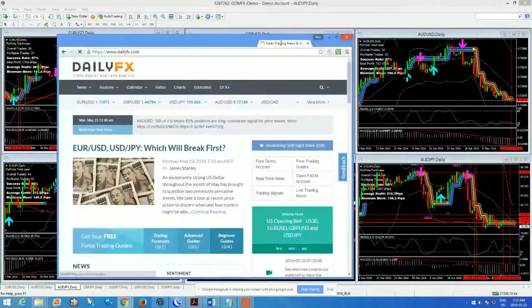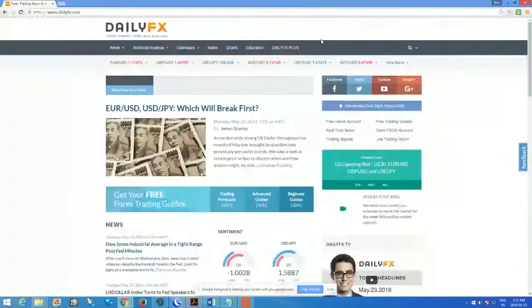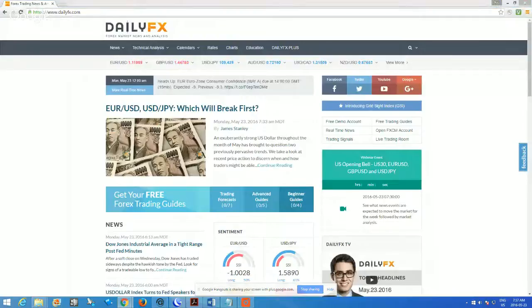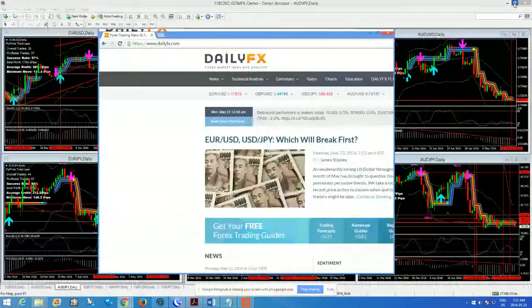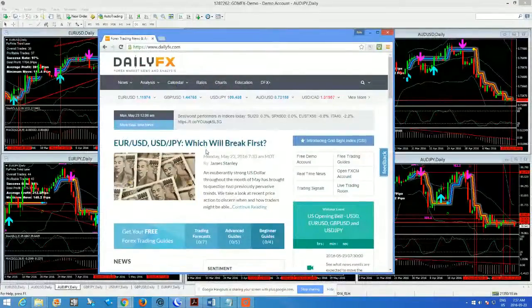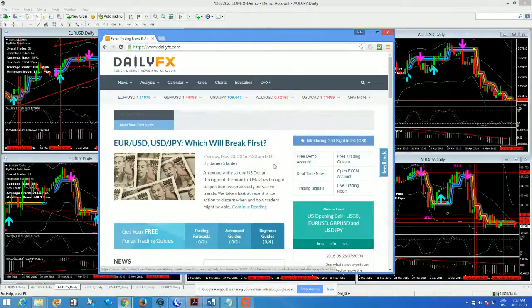So we also monitor dailyfx.com. To look here for fundamental reports, we go to this column. This is general information, Euro, US dollar, which will break first.